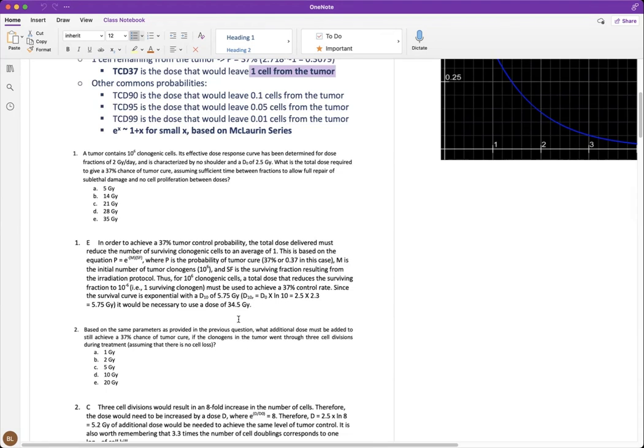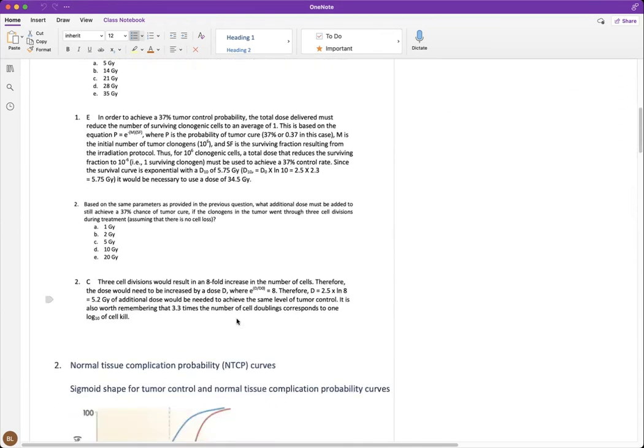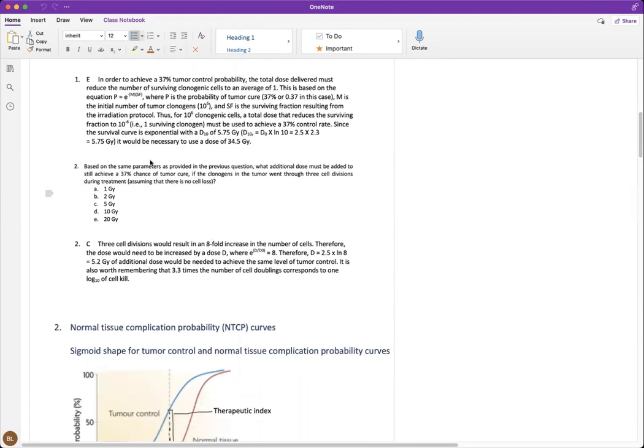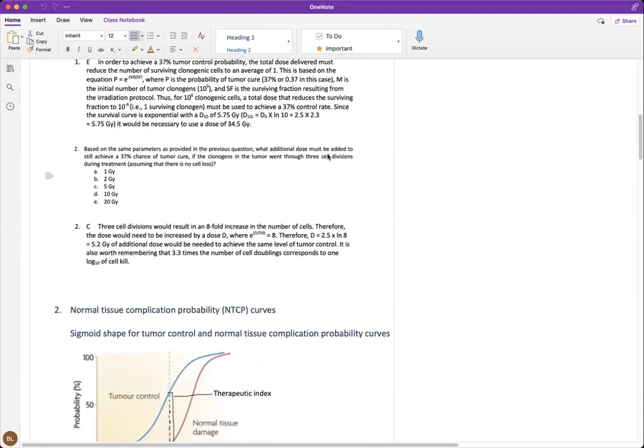Based on the same parameters as the previous question, what additional dose must be added to still achieve a 37% chance of cure if the clonogens in the tumor went through 3 cell divisions during treatment, assuming no cell loss? So 3 cell divisions, that's times 2 times 2 times 2.